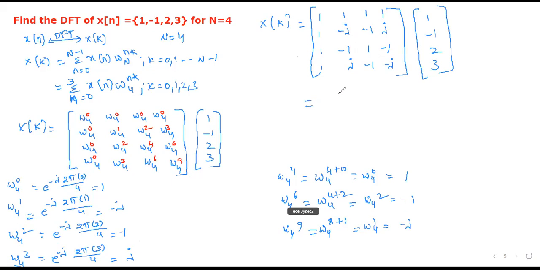From here, we just need matrix multiplication. 1 into 1, 1. 1 into minus 1, minus 1. 1 into 2, 2, plus 3. 1 plus j minus 2 plus 3j. 1 plus 1 plus 2 minus 3. 1 minus j minus 2 minus 3j.